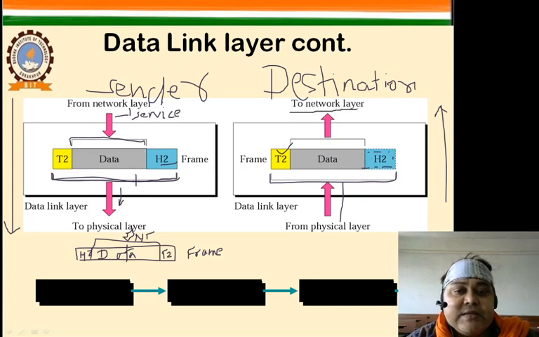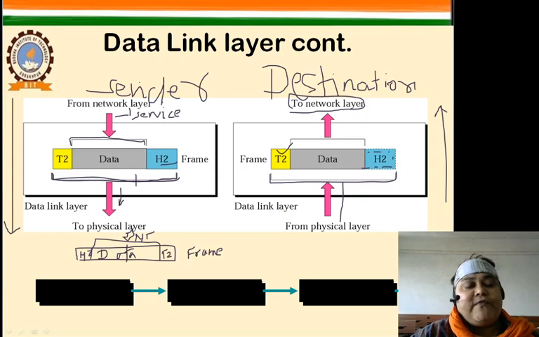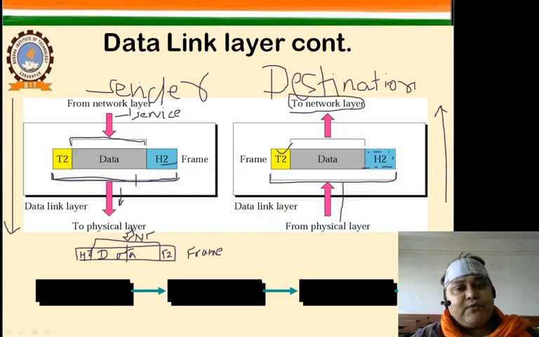That layer is the network layer. So all this architecture flow comes from the sender layer, from layer to layer, and it goes again to the destination layer.